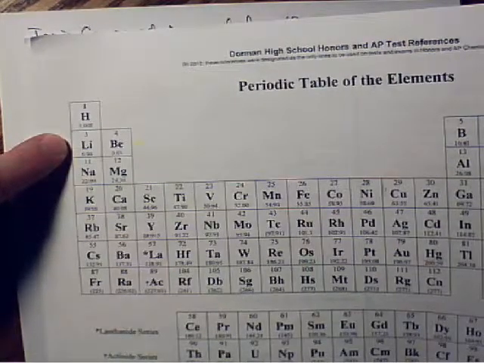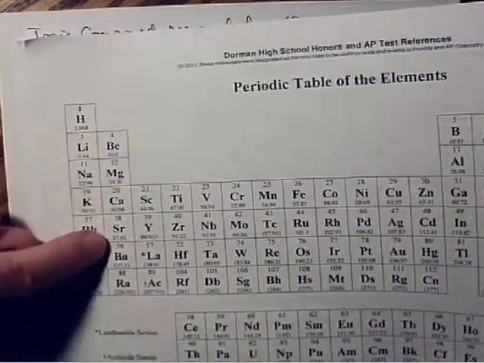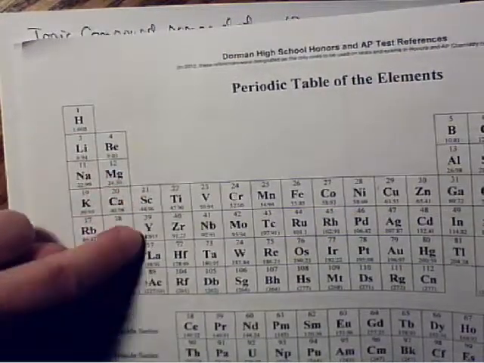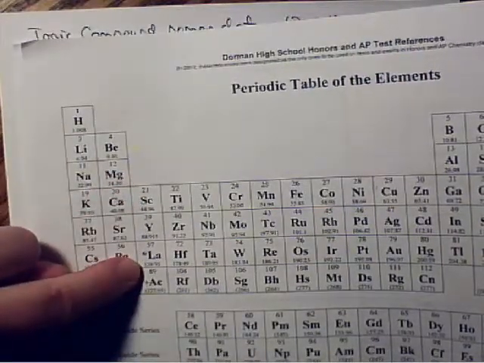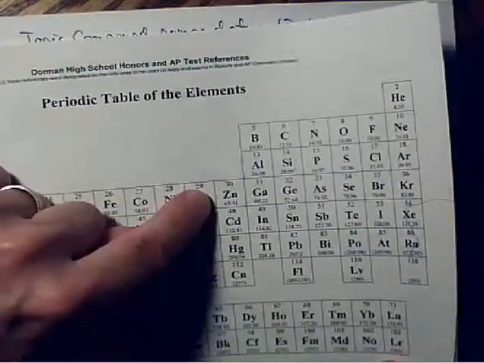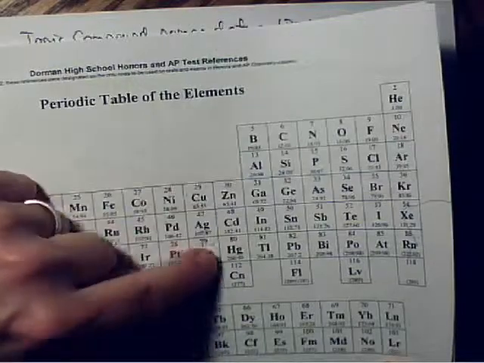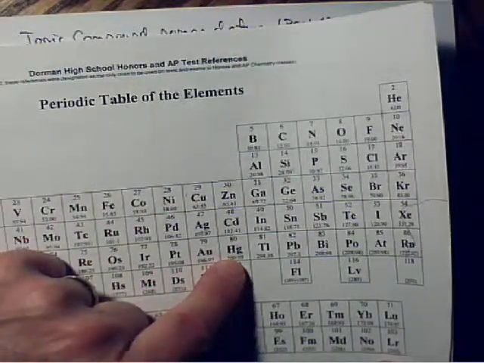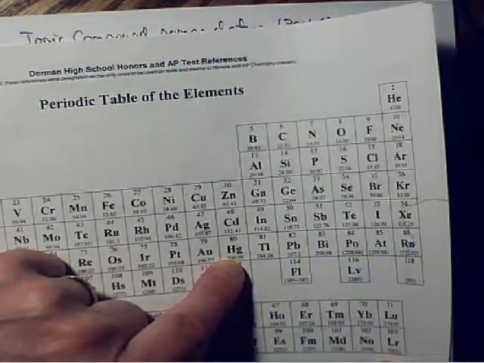Or if you're writing it as a superscript on the symbol, it's simply a plus sign. Column 2, 2 plus. Column 3B, 3 plus. This column here, the last column of the transition metals, those are all 2+. Mercury is a bit of an exception. It has a 1+ or a 2+ charge.